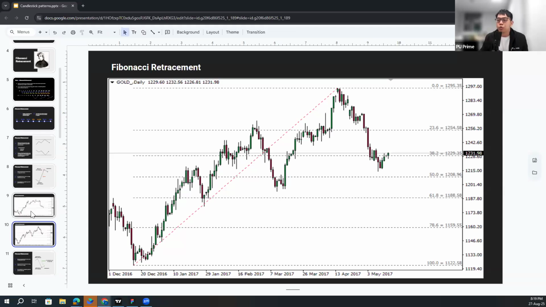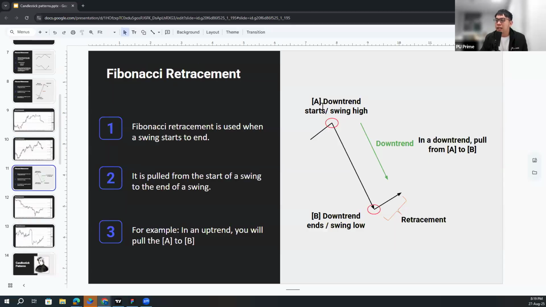Similarly for the downtrend, you can also draw a Fibonacci, as long as you draw it from the left to the right. Don't draw it wrongly. If you open a short position, draw from the top to the bottom.